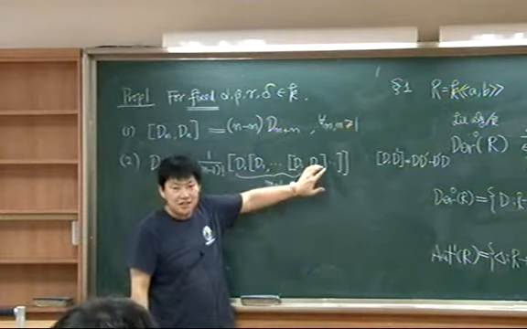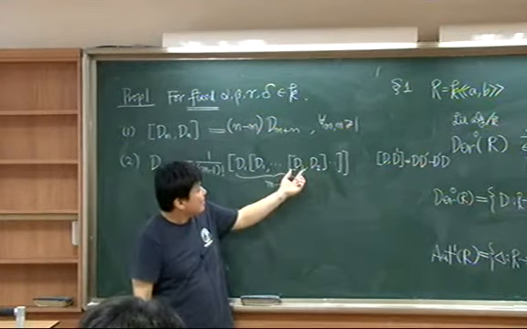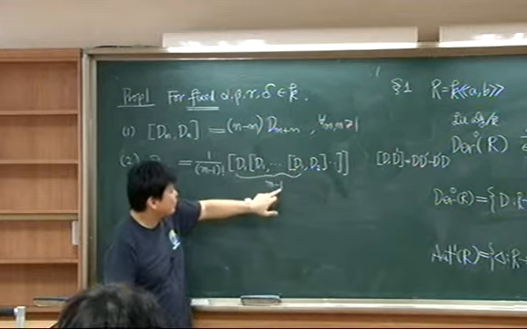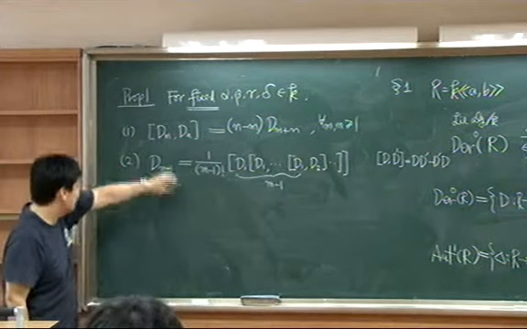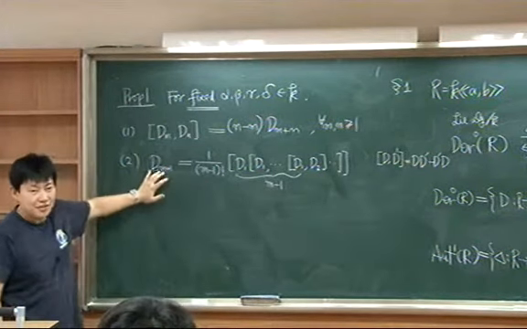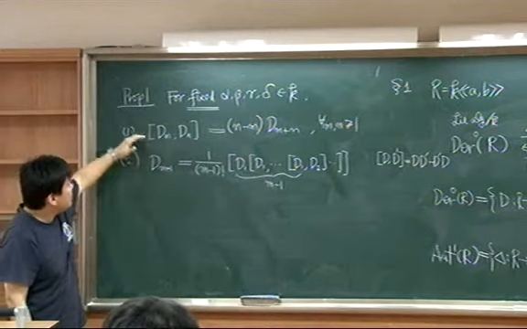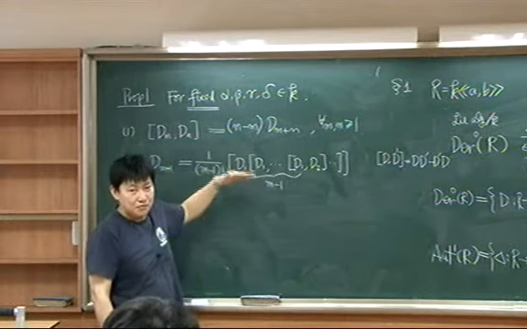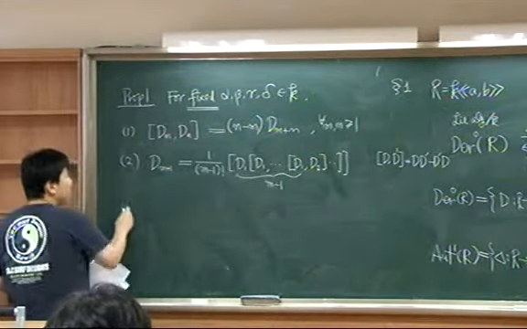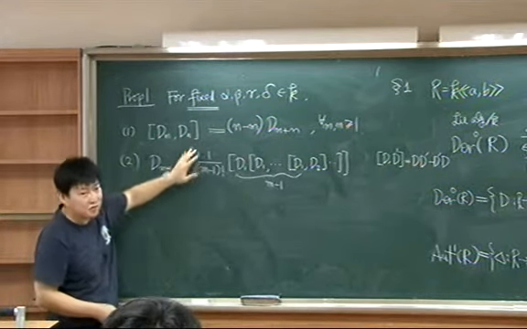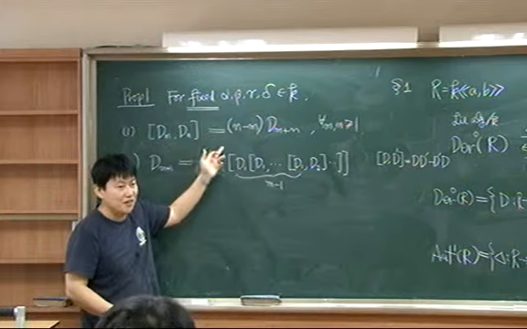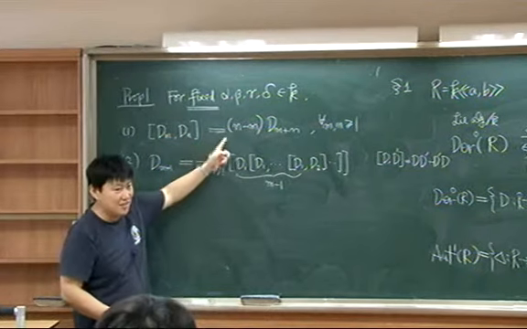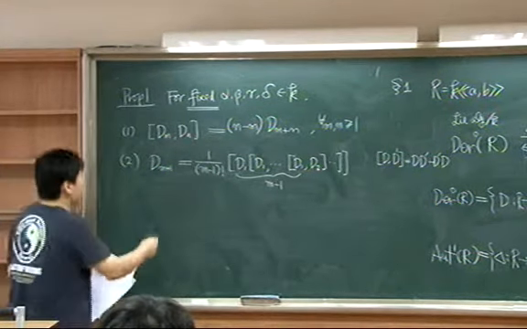So, starting from d2, then consider the adjoint of d1 bracket, d1 bracket, m minus 1 times, and after some multiplication by a scalar, we can express d m plus 1. So these two relations say that the real algebra spanned by dm is very simple. Actually, the proof of this equation is very easy because both sides are derivations. So we just check the image of the generators A and B. Then you can very easily show it.